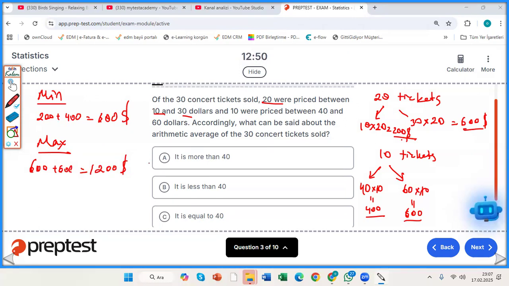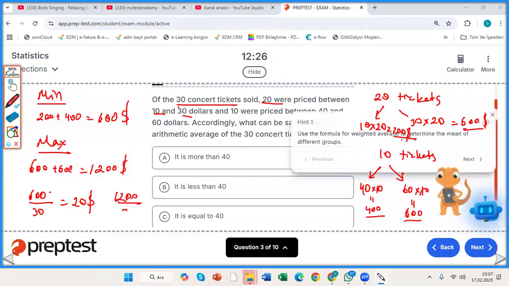If you look at that, in average, as you can see, there are in total 30 concert tickets. So 600 over 30 is the minimum arithmetic average in dollars, and 1,200 over 30 is the maximum value.